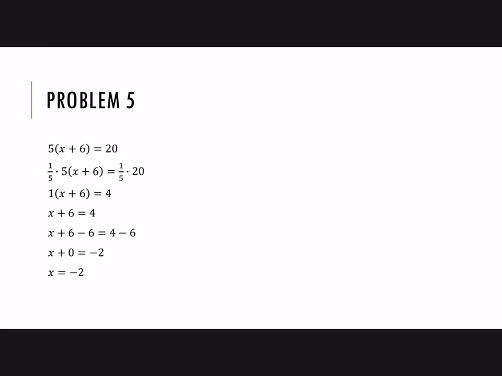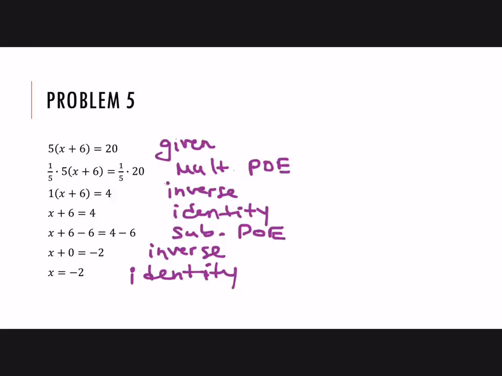All right, and then one final problem. Pause this and try. And I think every step does need a reason. Okay, so try this, and then we will go over the answers. Okay, so the first step we have the given. The second step, now I picked this one.